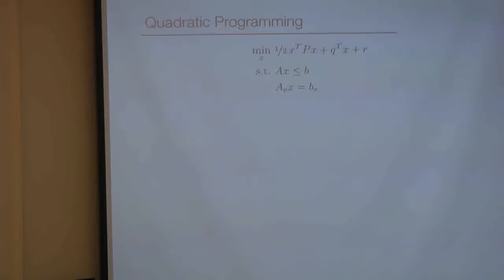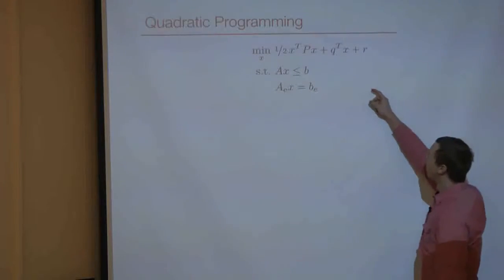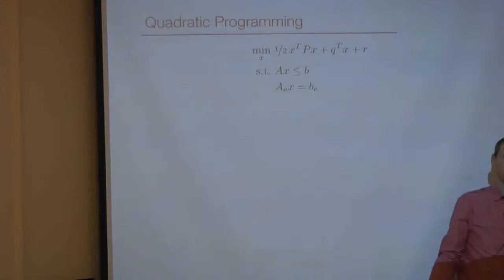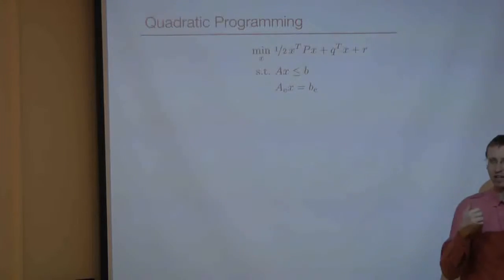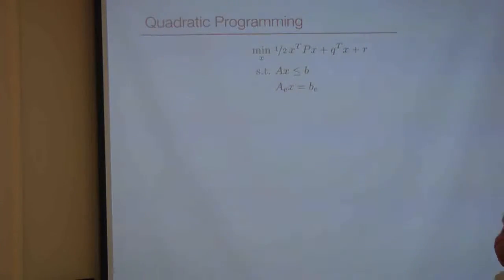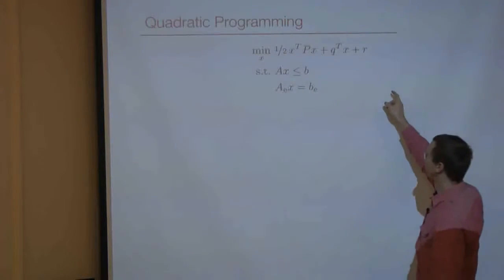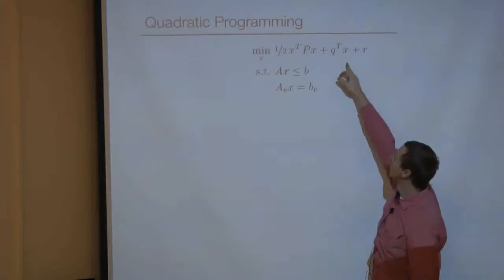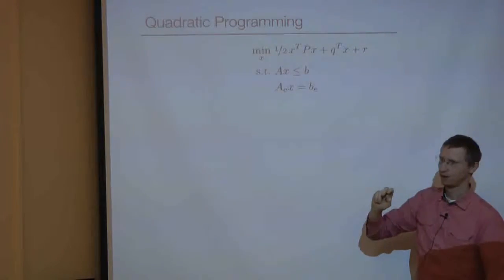So in a QP, we have a quadratic objective function where x are the optimization variables. We know that we can have many optimization variables, so they are all aggregated in this vector x. And we have an objective function which consists of a quadratic term in x, a linear term, and a constant.